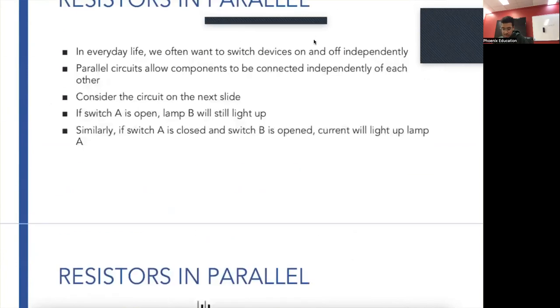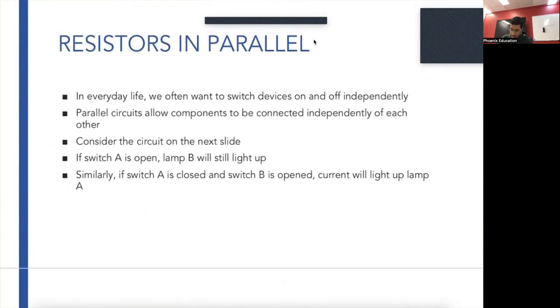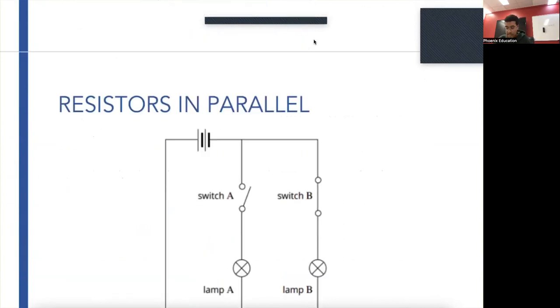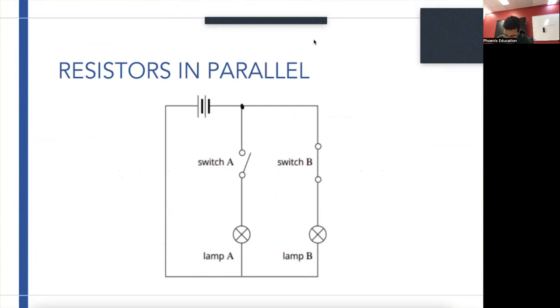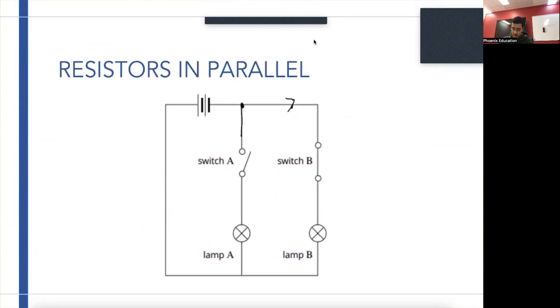So for resistors in parallel, it's a bit different in the sense that it's described like this. You have two different branches. One branch branches off in this direction, another branch branches off in this direction. And the benefit of parallel circuits is that if there's a break in one of the branches, it won't affect the other branch since the current can still flow.